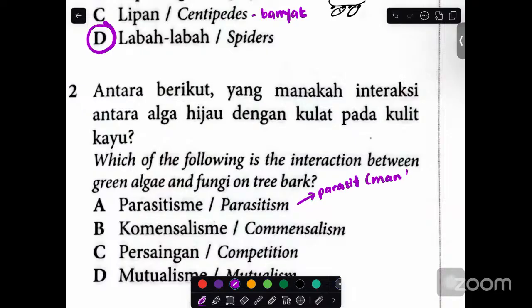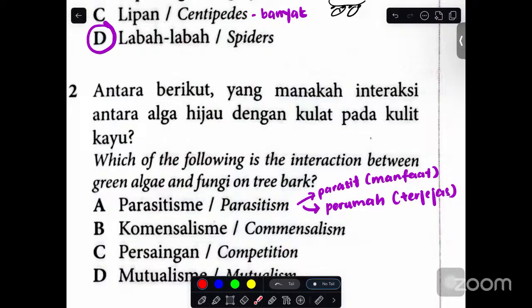This will benefit. Dan satu lagi adalah perumah, yang ini akan terjejas. One will benefit and another one will be harmed. So, seorang je yang dapat manfaat.